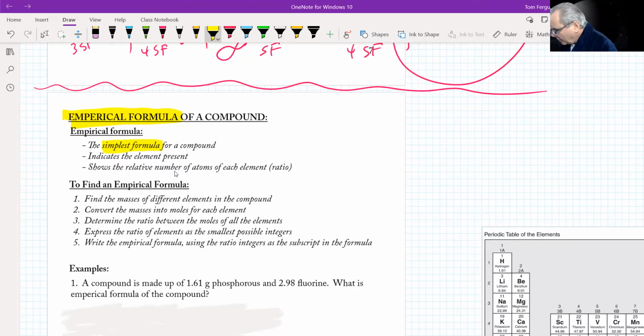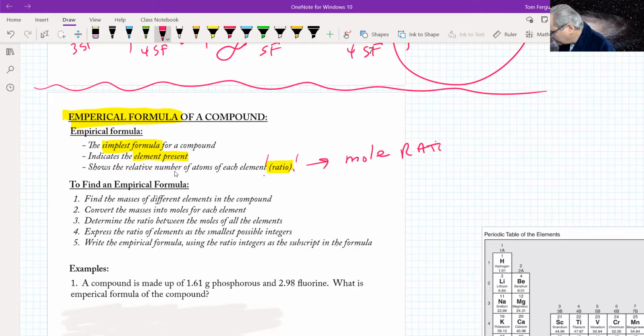It says what elements are present, and it gives you the ratio of the elements. And that also means it's the mole ratio as well.